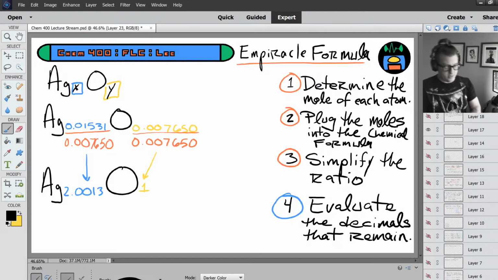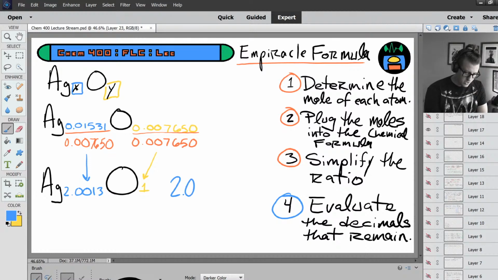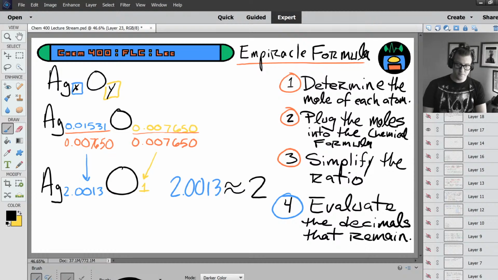So the number 2.0013 is not a simple whole number ratio, but 2.0013 is approximately just 2. All right, that decimal is small and it's close enough to actually just being 2 to where we can ignore it. We can round it down and just drop all the decimals, treat it as an integer.